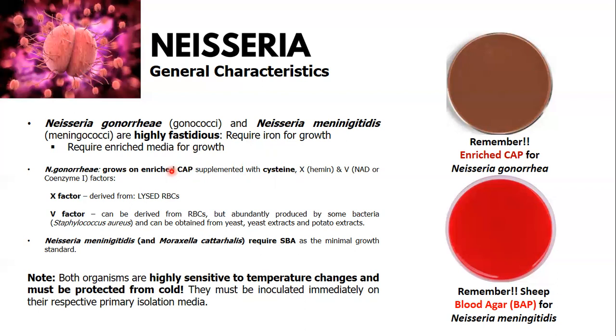And on top of that, an enriched chocolate agar plate also contains X factor and V factor, also known as nicotinamide adenine dinucleotide or coenzyme 1, which are also needed for Neisseria gonorrhoeae to grow because it is a fastidious bacteria.